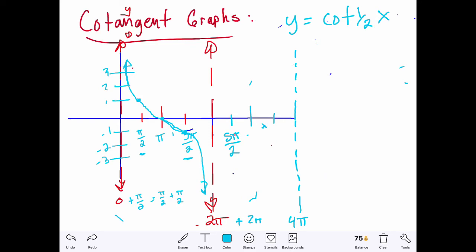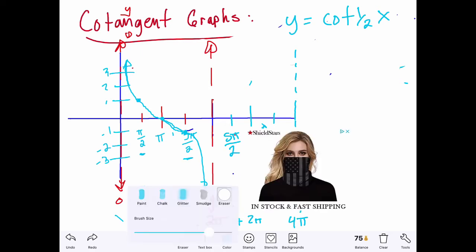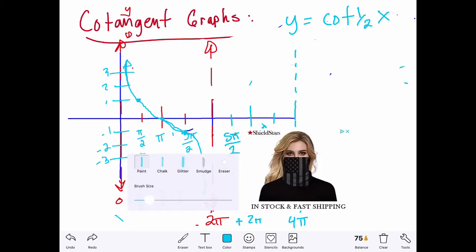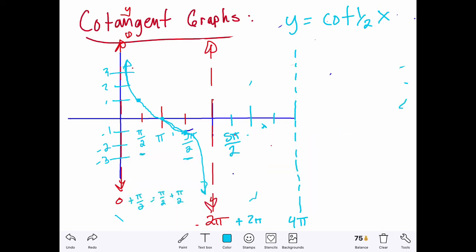Okay, so let's evaluate this at 5 pi halves. The cotangent of 1/2 times 5 pi halves. Well, that would be the cotangent of 5 pi fourths.